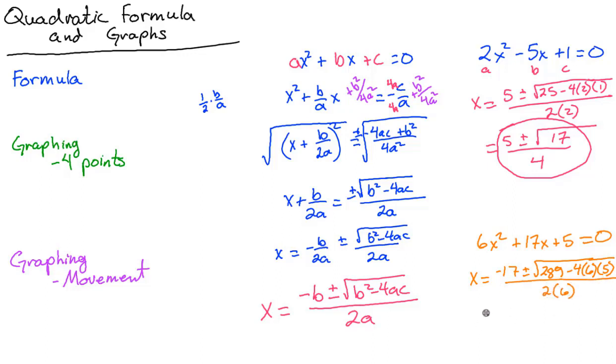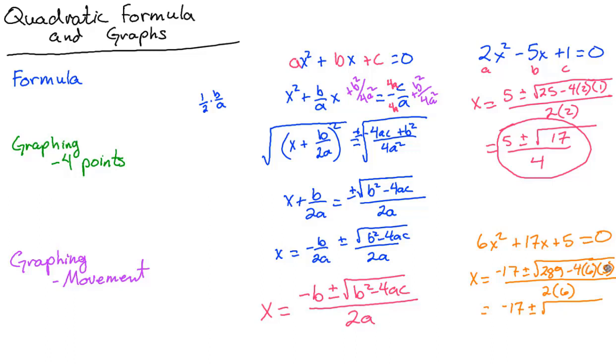Oh boy, this may take a little bit of simplifying here. Negative 17 plus or minus the square root of 289 minus 4 times 6 times 5.